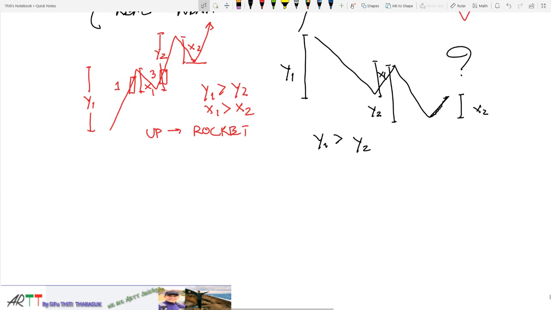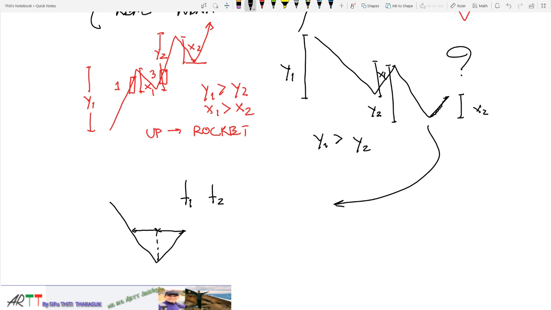From this question, we try to apply the ratio between T1 and T2. When price moves down and rebounds equal x1, this is T1 and T2.